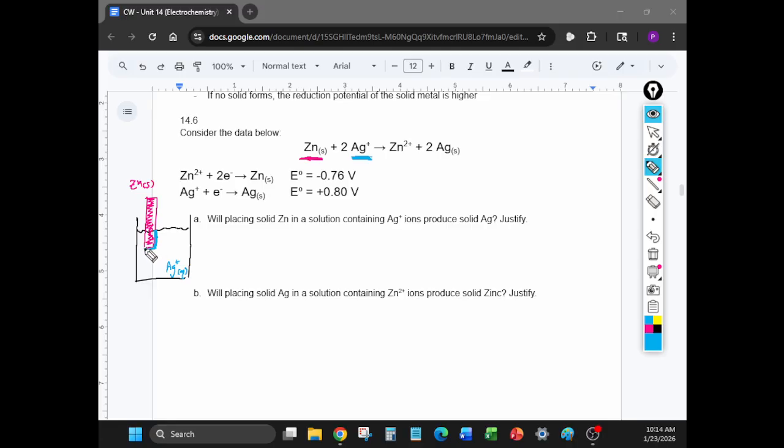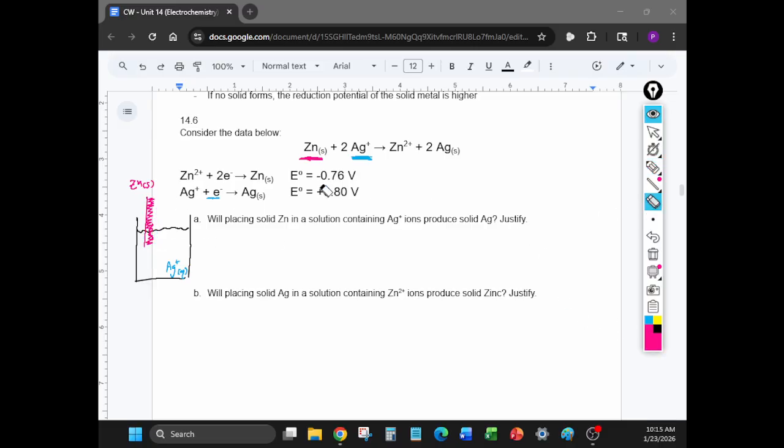Now, if we take a look at this reaction right here, we can see how that happens. Ag plus can turn into Ag if it can gain an electron. So basically, if Ag plus can steal an electron from zinc, that means it will start to steal electrons and form Ag solid on the surface of the metal. So the question is asking, is this going to happen?